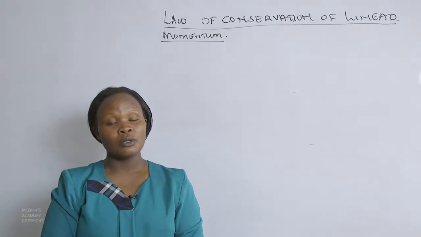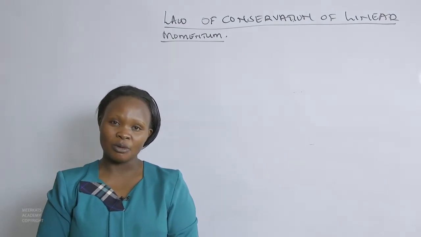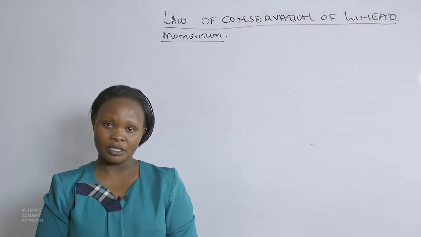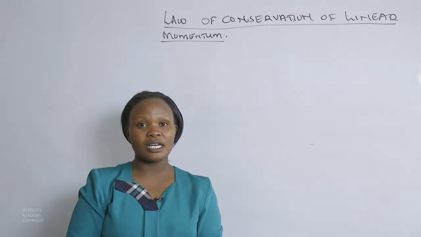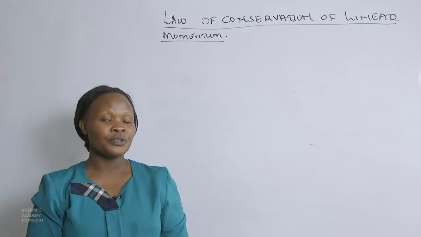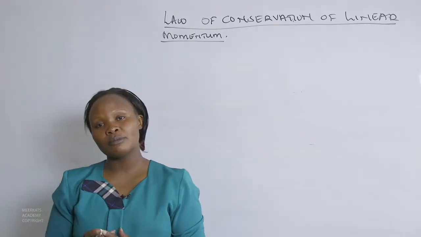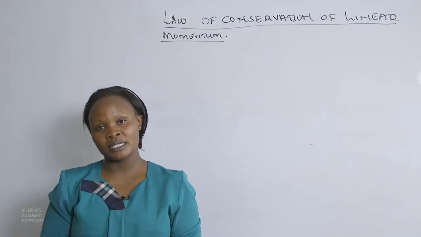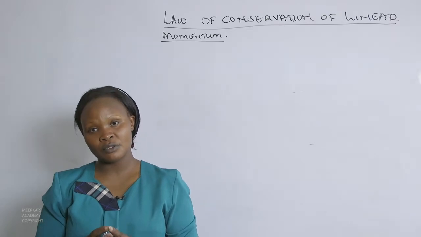Now, we considered momentum at that point, and we said that linear momentum is actually the product of mass and velocity.